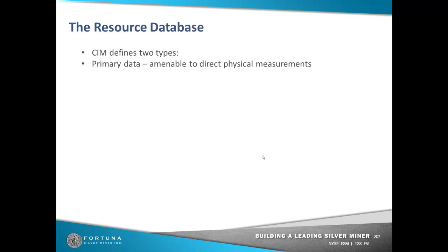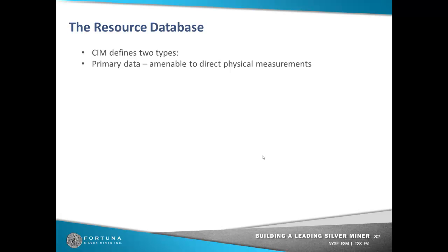The first database is the primary data, and these generally are information that has been taken directly from physical measurements out in the field. And there's all types of primary information that may be collected and stored directly into a database of some sort.